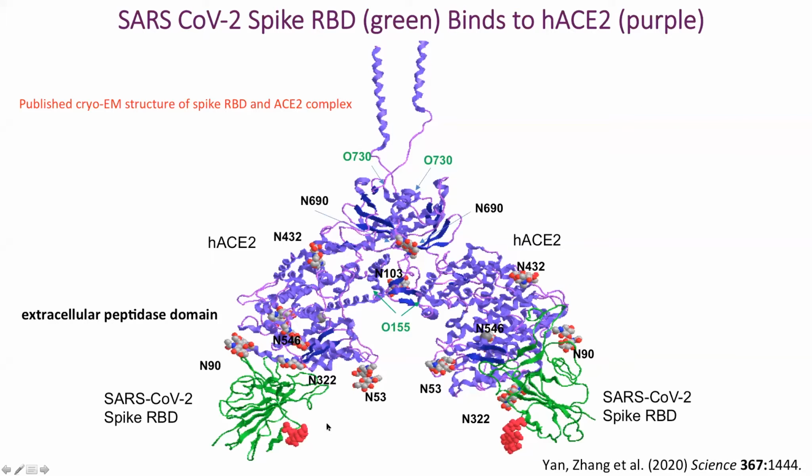Of interest are these glycosylation regions, N90 and N322. So I'd like you to pay attention to this, and I'll talk about that later on. Another important point that I want to make is the glycosylation at N730 that I'll go into later. So these are the glycosylation sites that may prove to be important later on for these interactions.